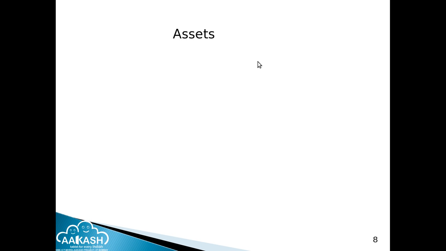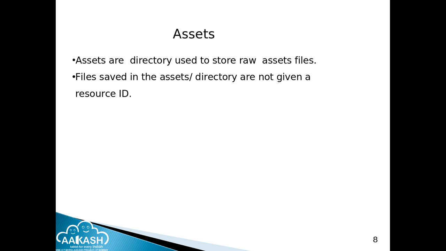Now assets. Assets are used to store raw asset files. Means we store data in assets when we need to read data in raw form. But the main difference between raw and assets is that raw can be used to access raw files with their resource IDs, but files saved in assets have no resource ID.